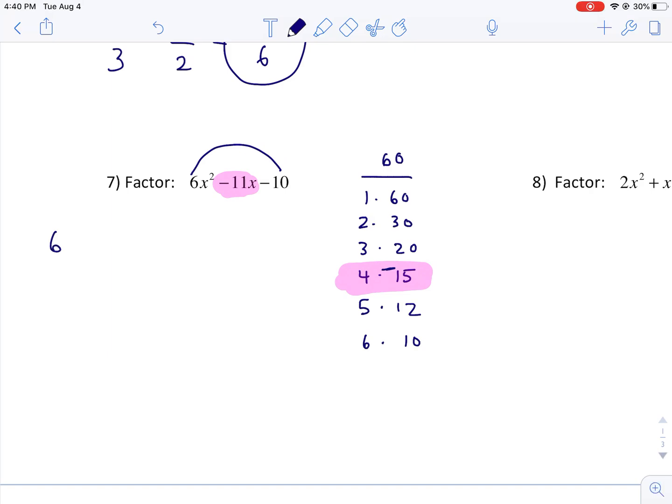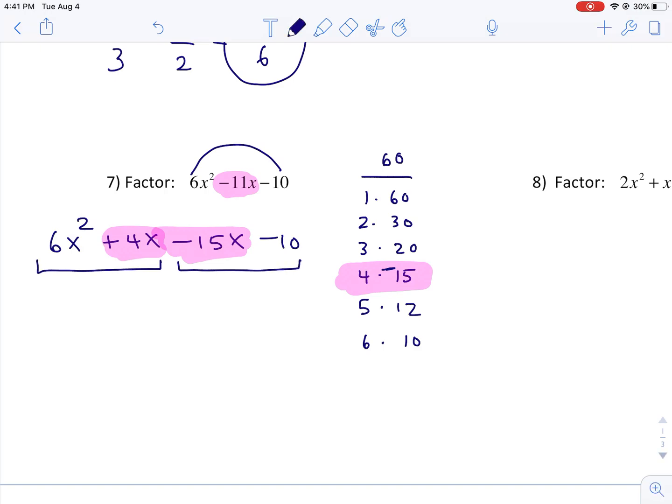It means I'm going to split up that middle term, that negative 11, and change it to 4x minus 15x. By the way, there are other ways to factor it. This is kind of the way we've been teaching it in Algebra 2. But just to color code this, that negative 11x is that positive 4 and that negative 15. And now I've got 4 terms, so I can factor by grouping. A lot of fun, right?